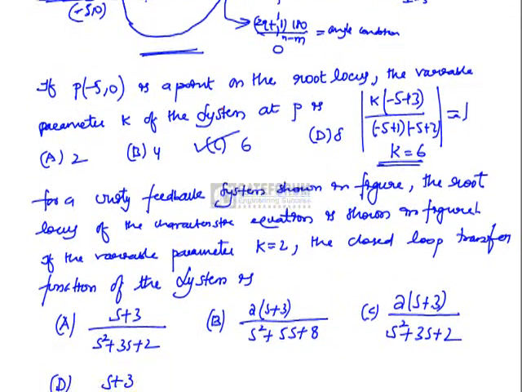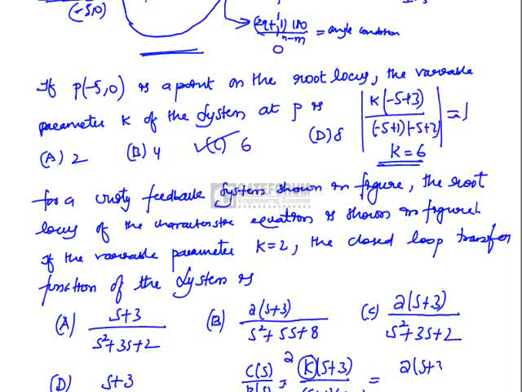Now the next one we have to find: for the unity feedback system shown in the figure, the root locus of the characteristic equation with variable parameter K equal to 2, what is the closed loop transfer function? We found that the open loop transfer function, that is C of S by R of S, is equal to K times (S plus 3) by (S plus 1) into (S plus 2). Now in the question, the variable parameter K is given as 2. What does it mean?